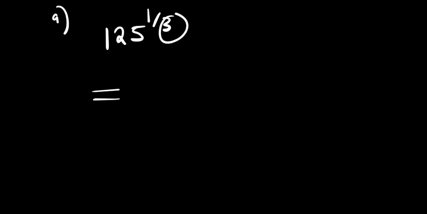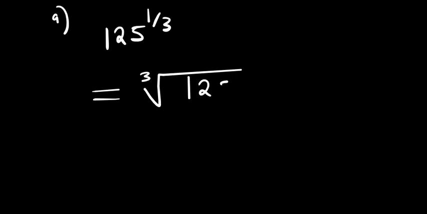So 125, let's say, to the power 1 over 3. How are you going to solve it? The 3 that is down becomes the root, so I'm going to have the cube root of 125. Then we have a 1 as a power, because the 1 is on top, it's going to become the power there.